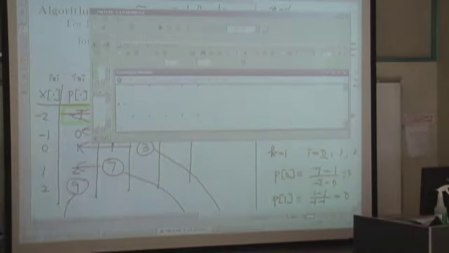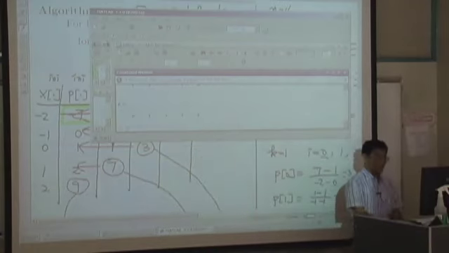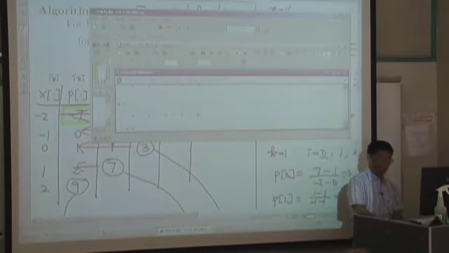Then all you need to do is making the polynomial using these things, right? How? Very trivial. Of course, you can automate this thing using a loop if you want, but let's not worry about the part like that.